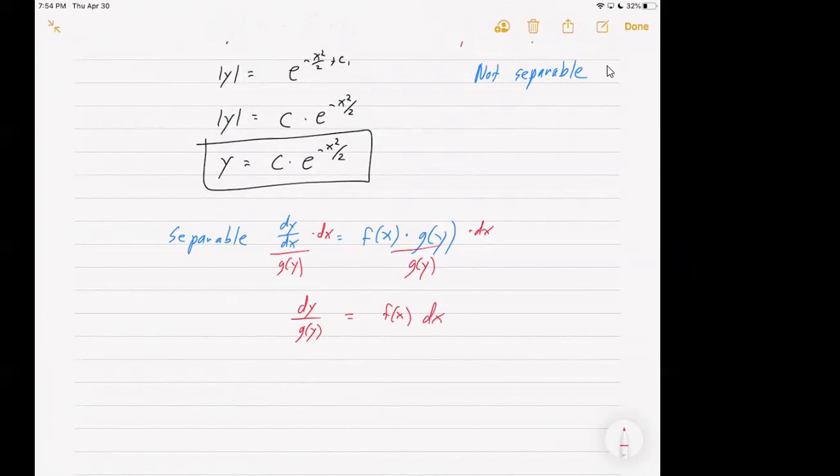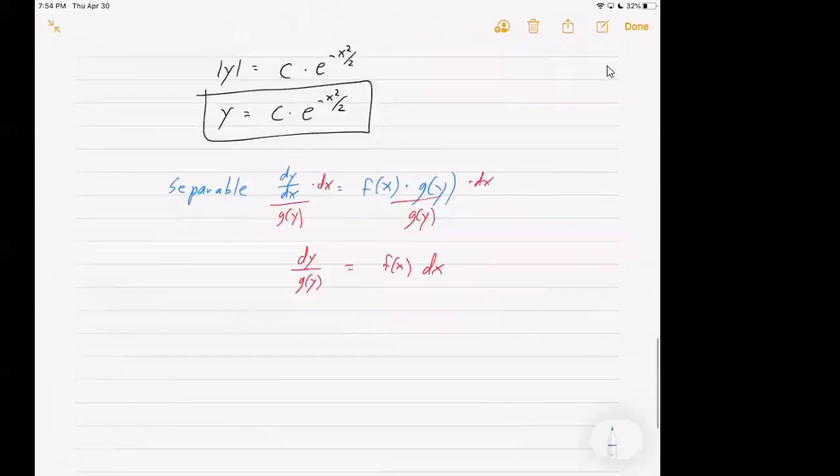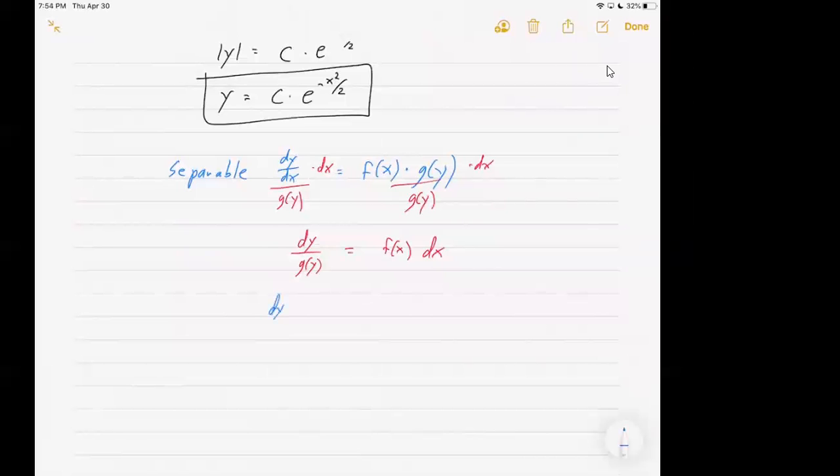Okay. Another alternative to this is that we have a ratio of those two things. So if I could rewrite it somehow with a little bit of algebraic manipulation, if I could write it as dy over dx equals f of x over g of y, then we could multiply both sides by g of y, and that would work equally well. If I had dy dx is equal to g of y over f of x, we could divide both sides by g of y again.